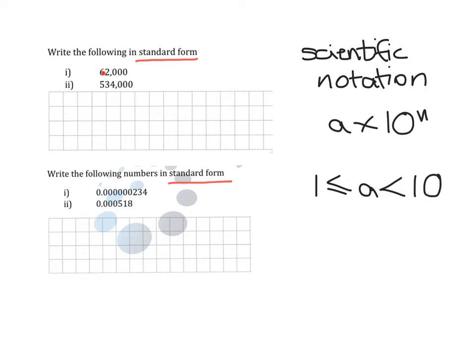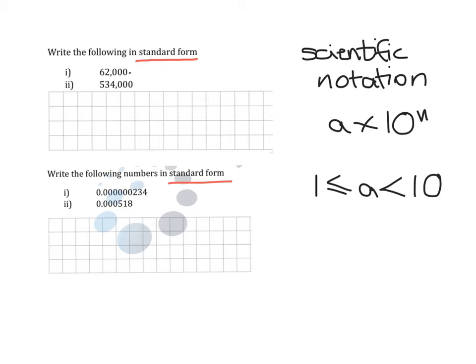So if we look at the first one, which is 62,000, at the end of 62,000 you've got a decimal point. We don't usually write in the decimal point, but I'm putting it in there just to show you that we need to move the decimal point so that the number is either equal to 1 or less than 10. So what we have to do is move this decimal place so that it lies between 6 and 2.